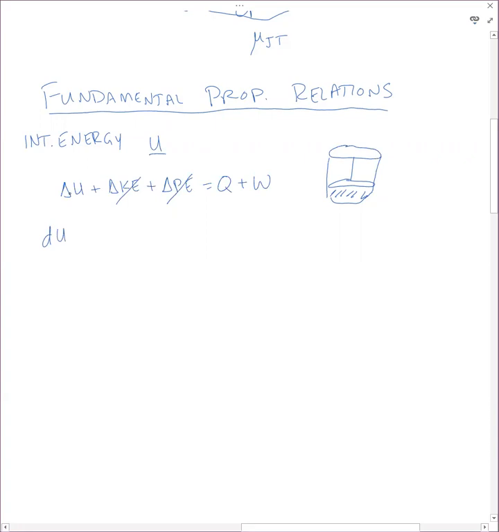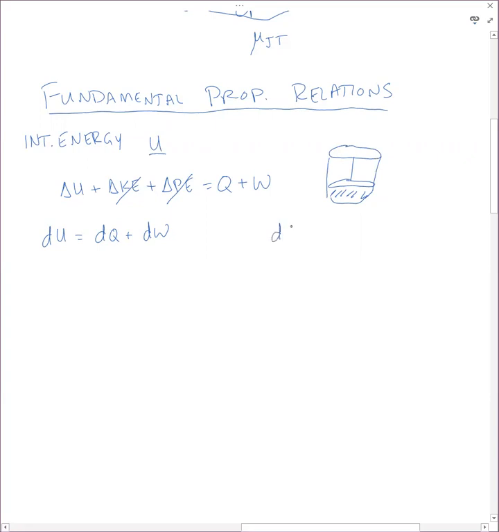So shrink this change in U down, take the limit as it goes to 0. So dU is equal to dQ plus dW. And then I'm going to say that dQ was defined in terms of what entropy is.